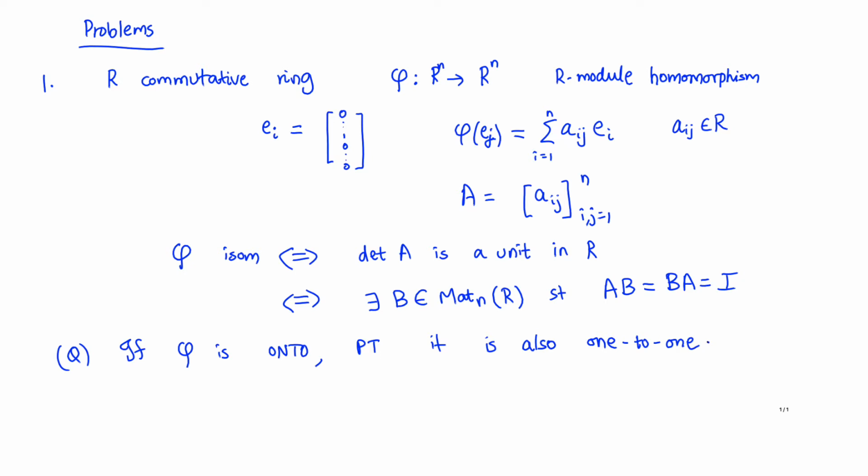This is the thing that we need to prove. If I have a homomorphism from R^n to R^n which is onto, then it is automatically 1 to 1. So let's prove this. What does onto mean? Let's draw a picture of this module R^n to R^n. I've got this homomorphism phi, and what I'm given is that it is onto.